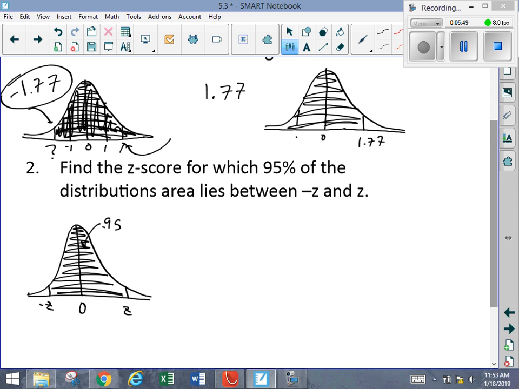This means the area here plus the area here must be 0.05, since the whole area has to be 1. So this area is 0.025, half of 0.05, and this area is 0.025.